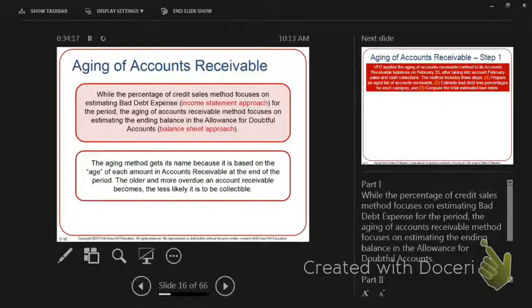So when you go out there and say, what is our net sales, you're looking at sales for just October. And then you're getting the bad debt just for October. When you're looking at aging of accounts receivable, you're looking at all the accounts receivable that's out there. Whether it's in the next 30 days you're going to collect it or some that's been due for the last 160 days. Though most people sell it by then. But all right, so we're looking at everything.